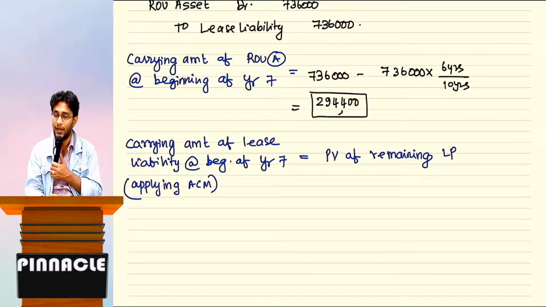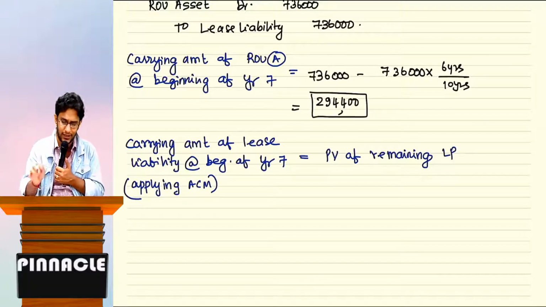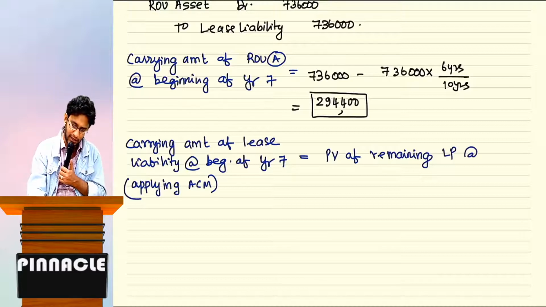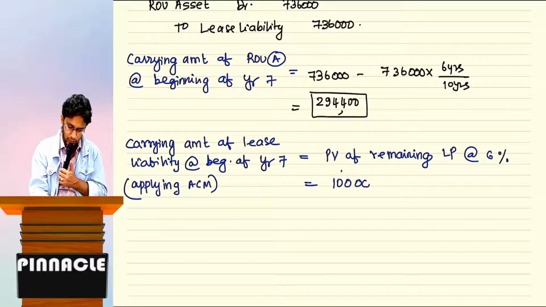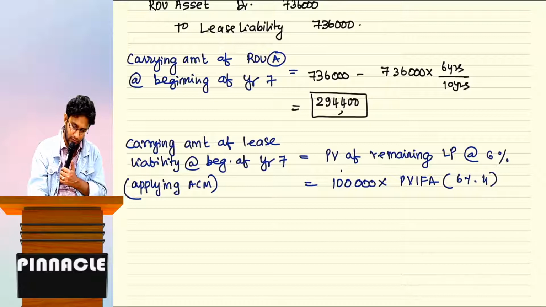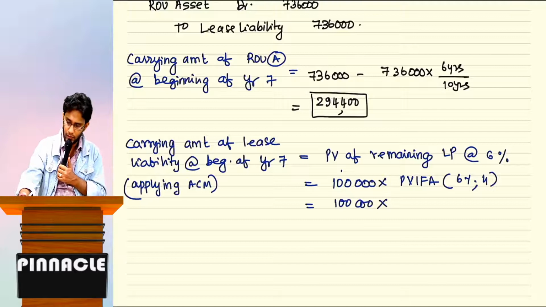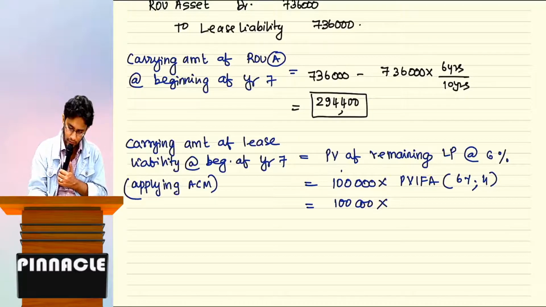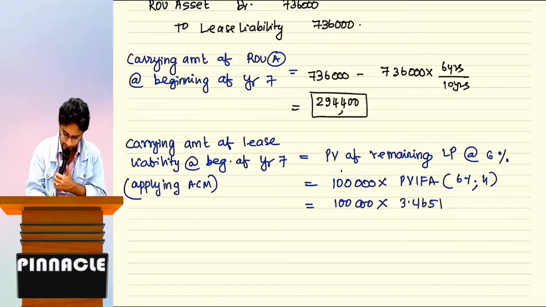Since you are working out carrying amount, in your accounting what rate is there? The same rate. PV of remaining lease payments at 6%, which is equal to 1 lakh into, already 6 years is over, remaining 4 years is there, 3.4651.